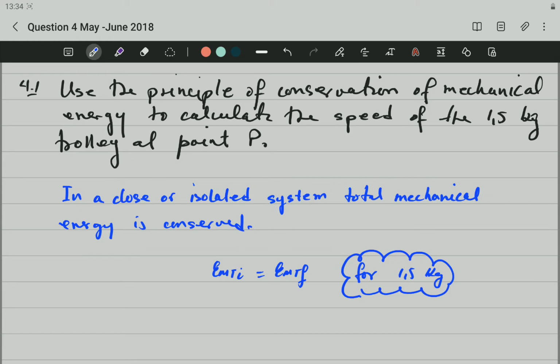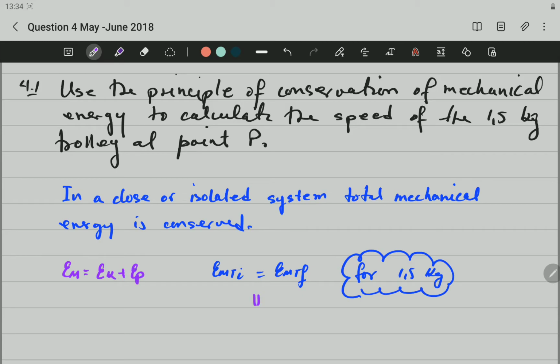Okay, so now also remember, how do we calculate mechanical energy? From grade 10 you learned that mechanical energy is equal to the addition of kinetic energy plus potential energy.